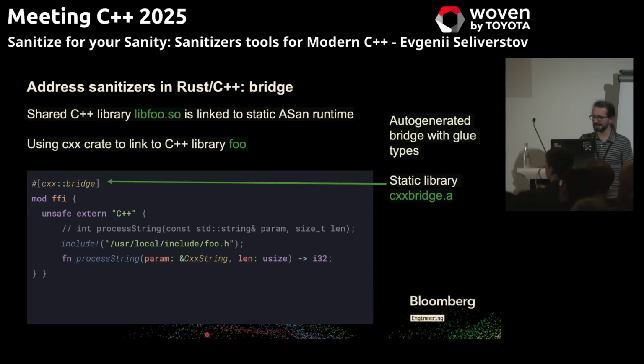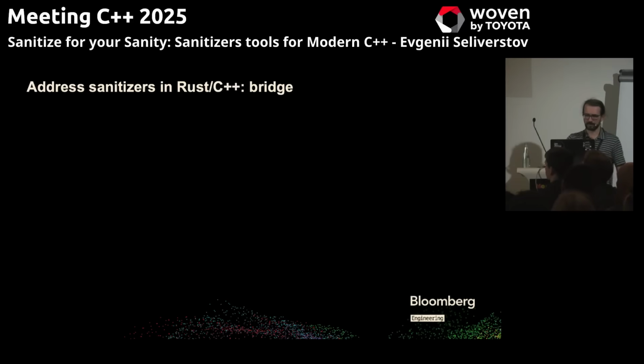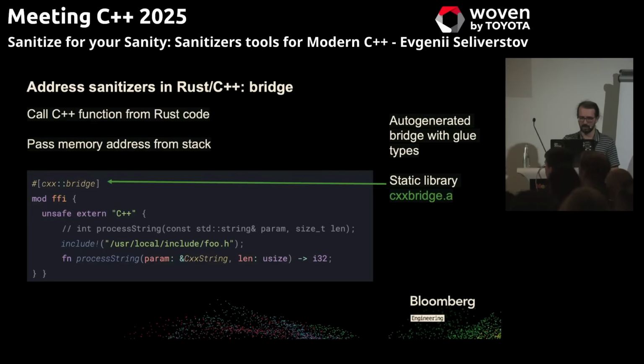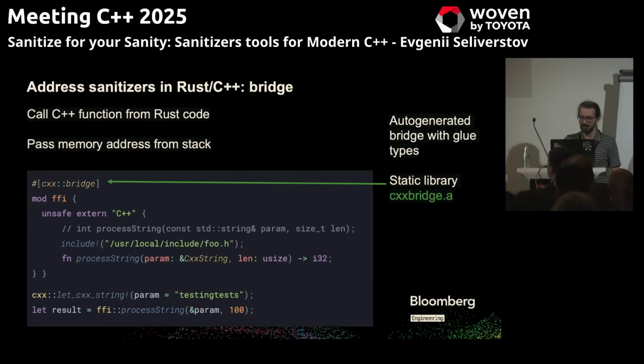So it generates a static library, the CXX bridge, and we need to instrument this as well because it contains the glue between systems, between Rust code and C++ code, right? So how do we do this? First of all, how to call this function? In main, we introduce a variable on the stack.